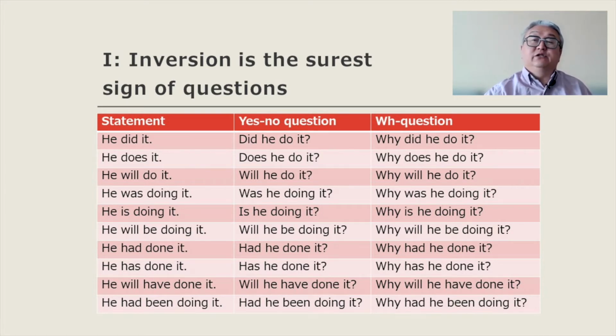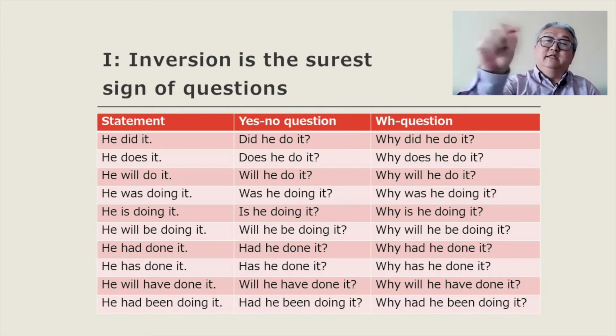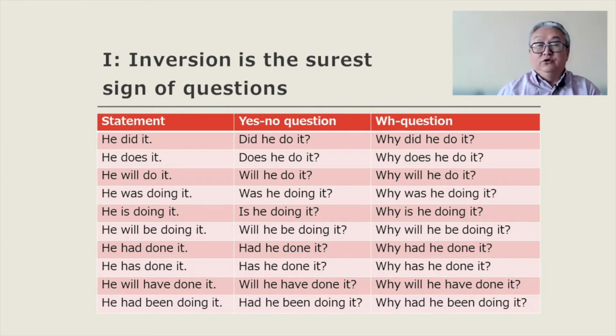So we never raise a question with subject-verb order, because it's apparently not a question. In English, the question mark is quite unnecessary because the subject-verb inversion already makes it very obvious. Of course, in writing, you have the question mark. When you speak, you don't have the question mark, right?